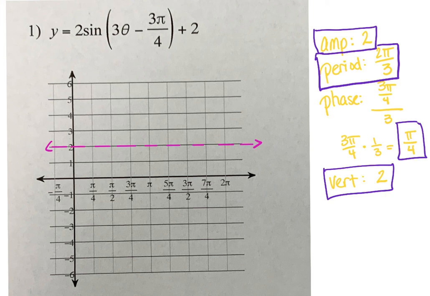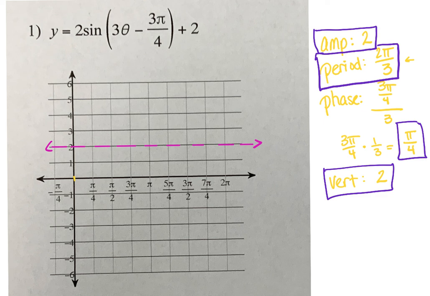Now, then I am going to look at phase shift. For phase shift, I usually start by putting my starting and ending, all right? So normally I would say, well, I would start at 0 and I would end at 2 pi over 3. If you can't figure out where 2 pi over 3 is, change everything to common denominators if you have to.